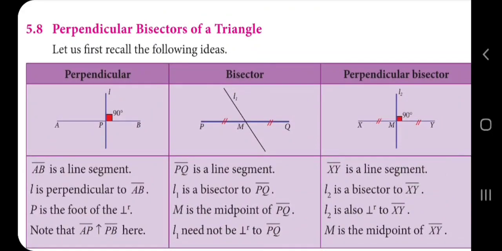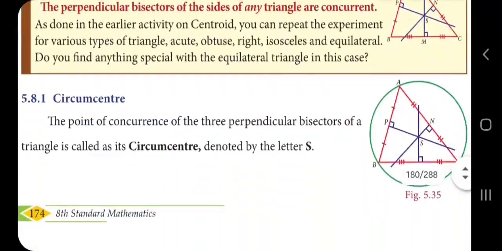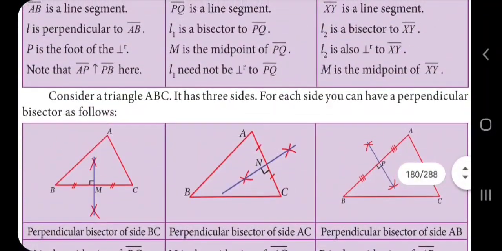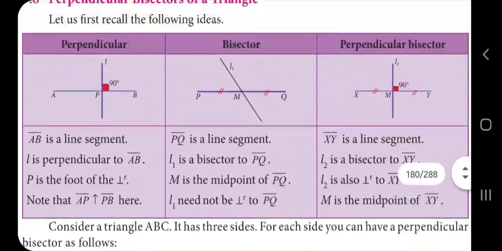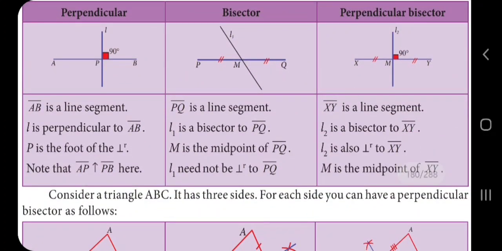Then perpendicular bisector of a triangle. See here. A perpendicular line means a line segment L is perpendicular to AB. It passes through another line.